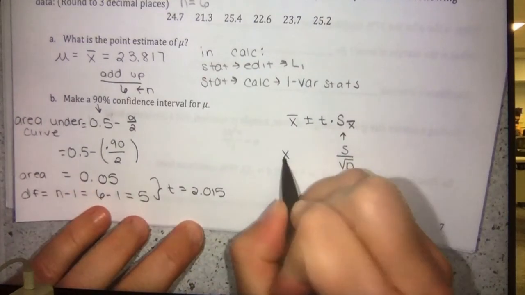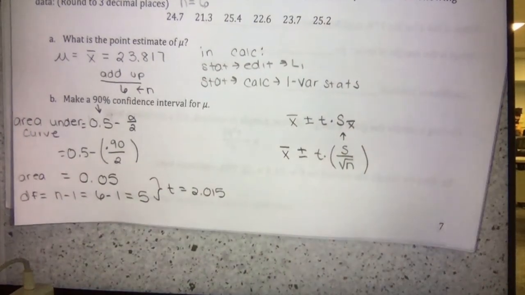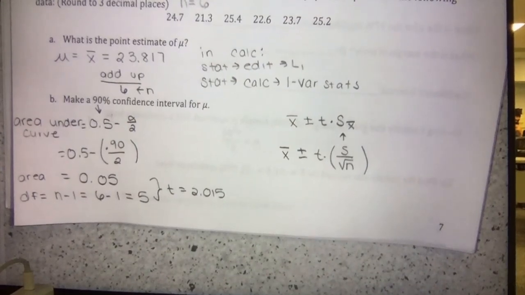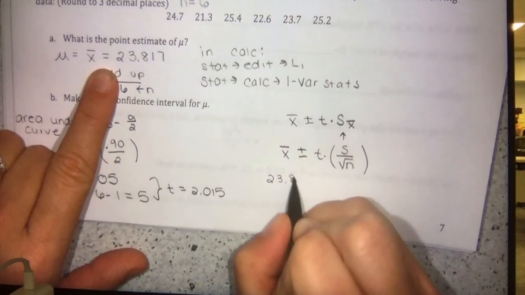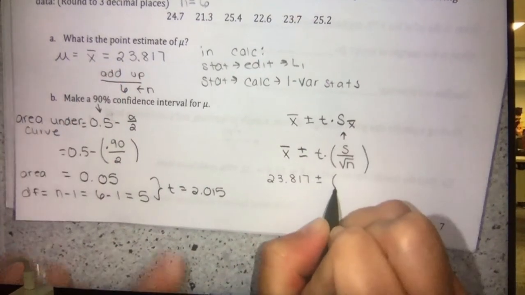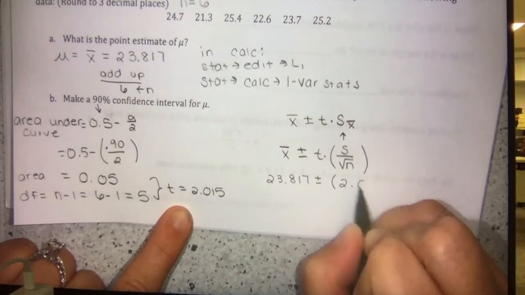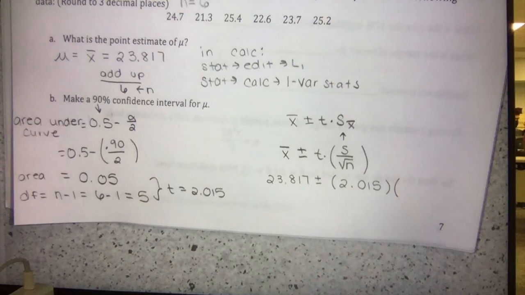So x bar plus or minus t times s over the square root of n. Our x bar we found right here was 23.817, plus or minus our t we just found was 2.015. Our s we're going to find in our calculator. So I'll give you a second to finish writing this, and I'm going to go back to the calculator.